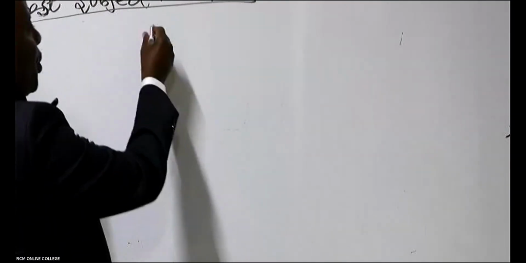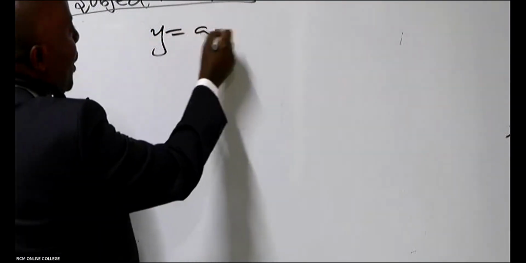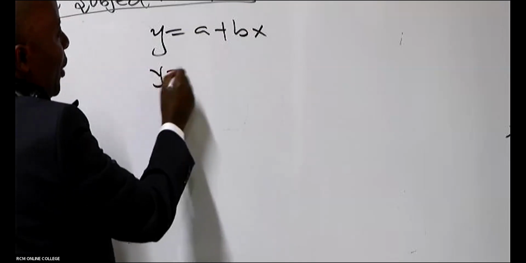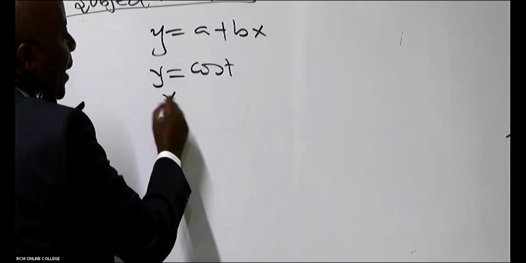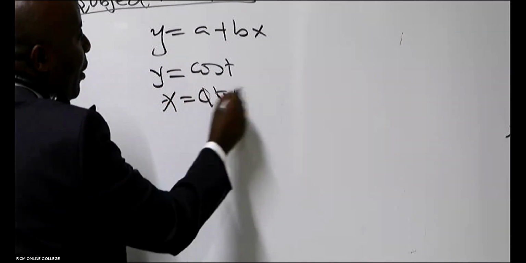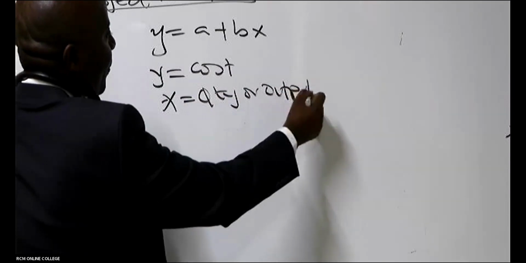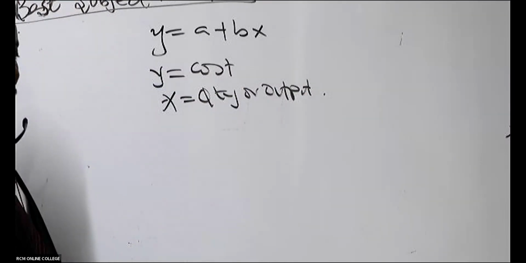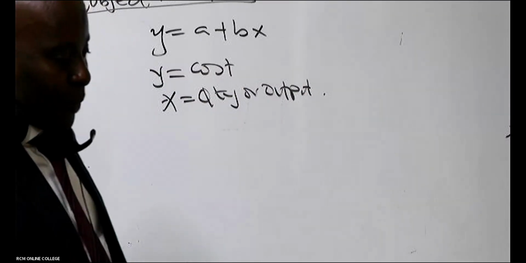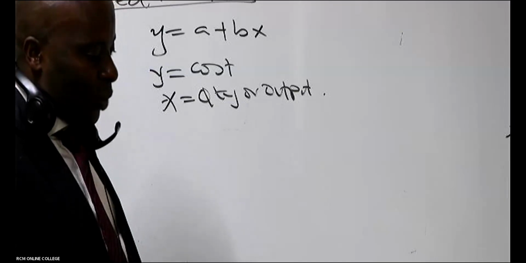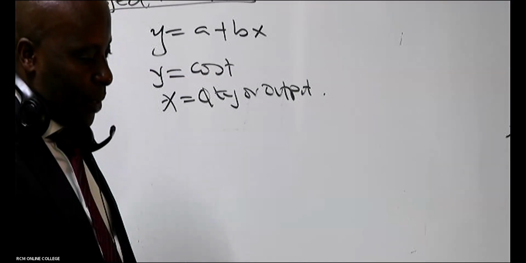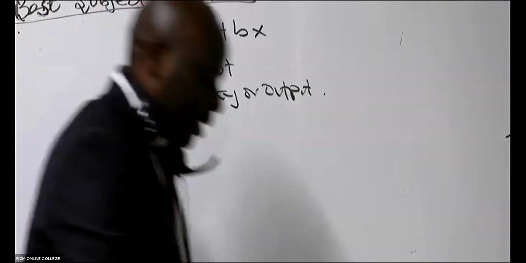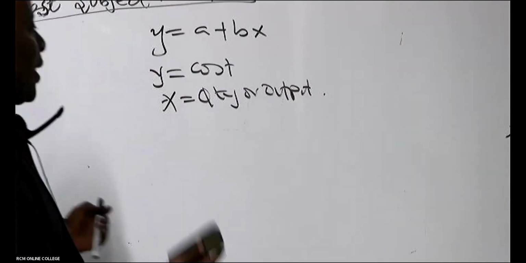Remember, in these equations, when we talk of Y equals A plus BX, this Y is normally cost, and X is what here? Quantity or output. I hope I've answered your question as well, Joanne. So X is the quantity or the output. Great, cheers. And I hope everybody has been able to write this.